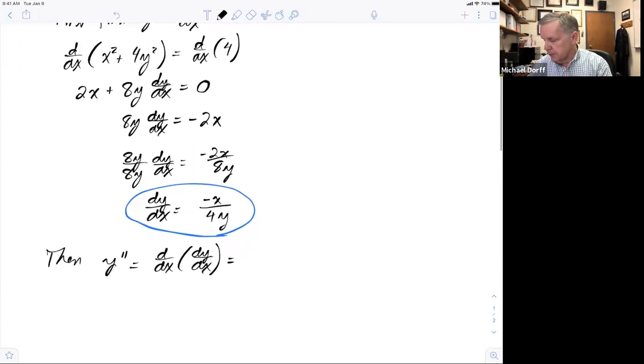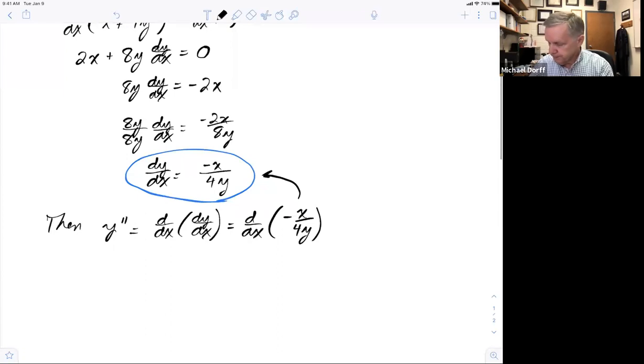In other words, it's taking the derivative of negative x over 4y, because that's what we just got in the previous part. So we have y double prime equals d/dx of negative x over 4y.